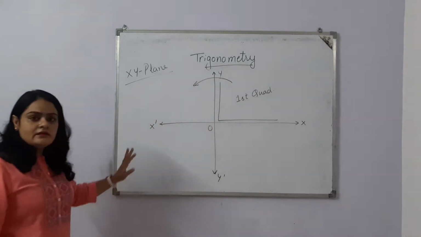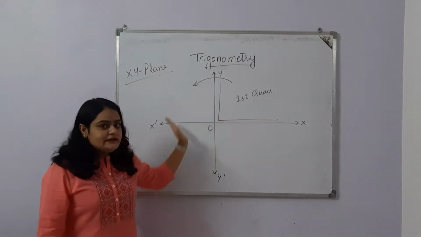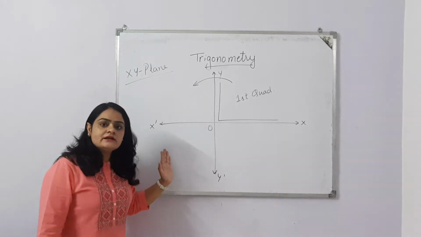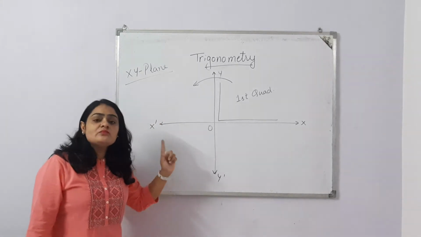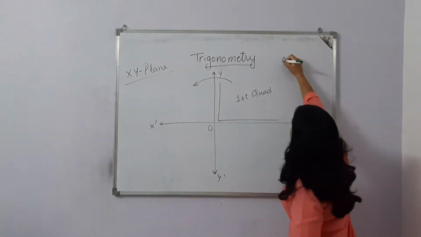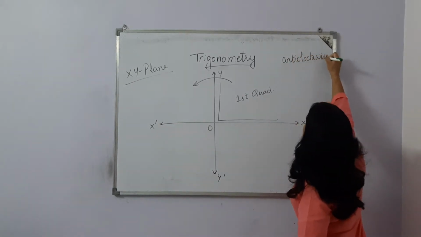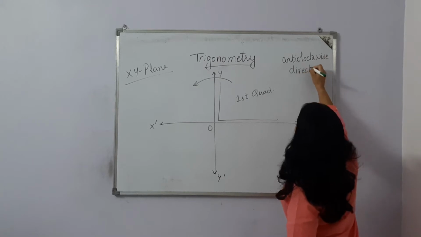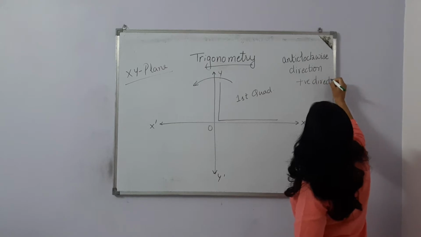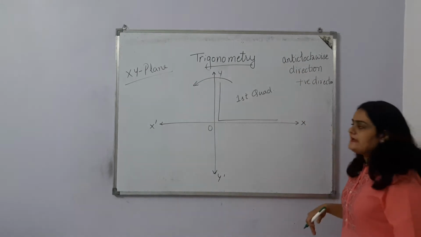We will move anti-clockwise. Remember one thing, in mathematics when we are going in the anti-clockwise direction, we are always on the positive side. That means anti-clockwise direction is the positive direction, and of course its reciprocal, the clockwise direction, is the negative direction.